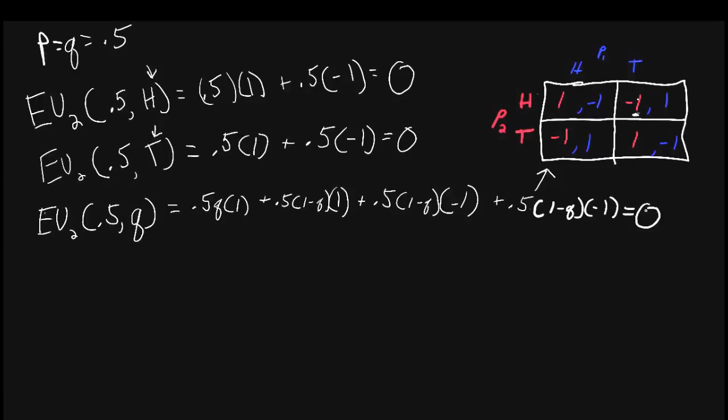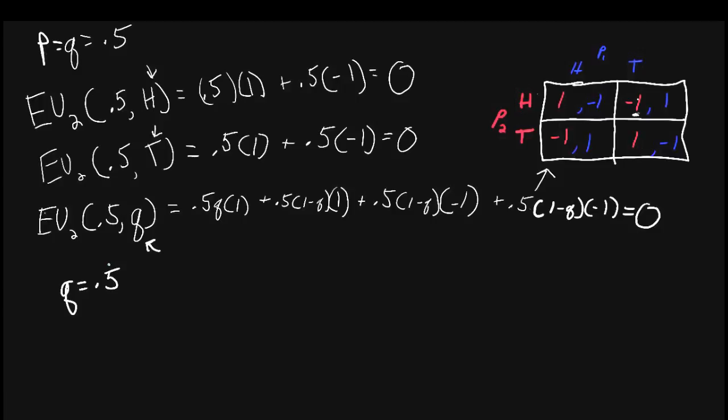So, what probability does the mixed strategy Nash equilibrium assign to Q? Well, the mixed strategy Nash equilibrium says Q equals 0.5, because if Q is equal to 0.5, then player 1 is indifferent between playing heads, playing tails, or randomizing with any probability, including probability 0.5.